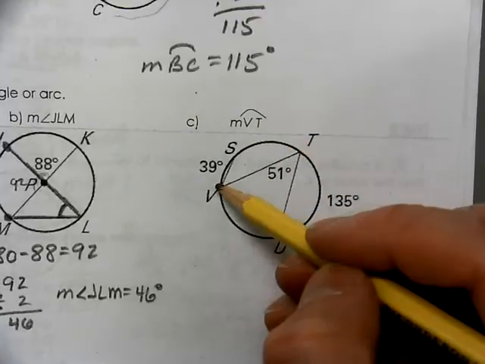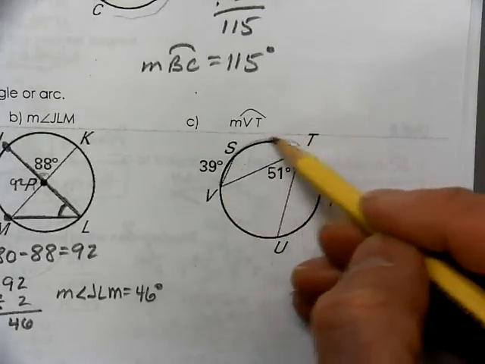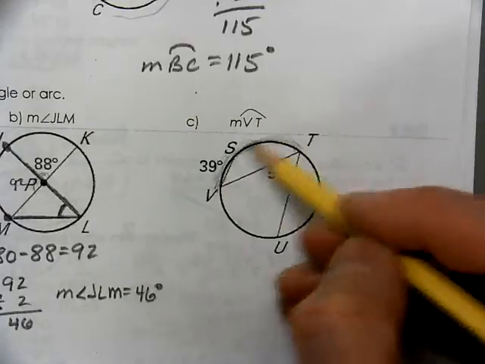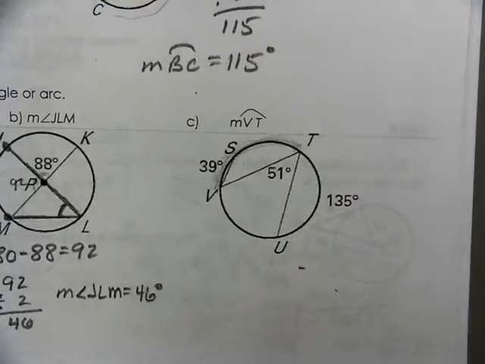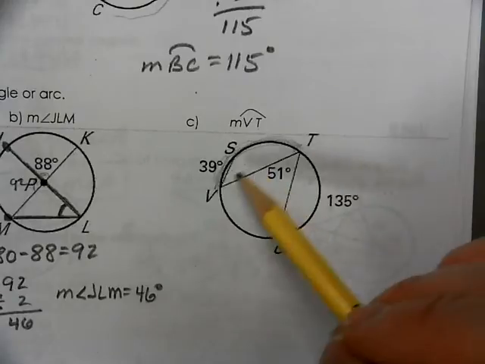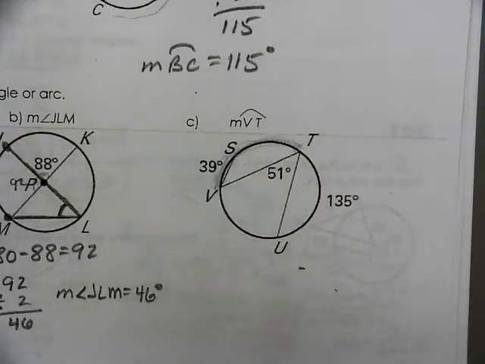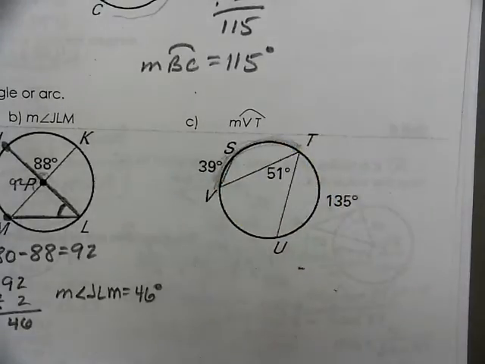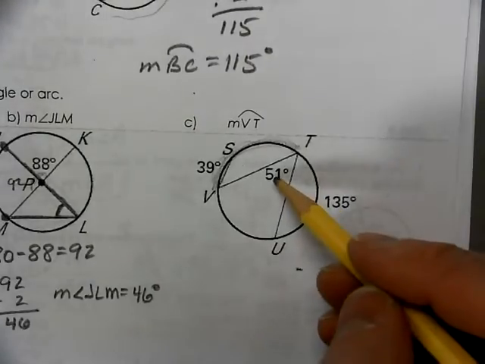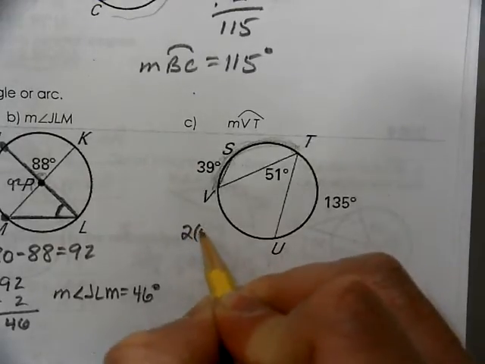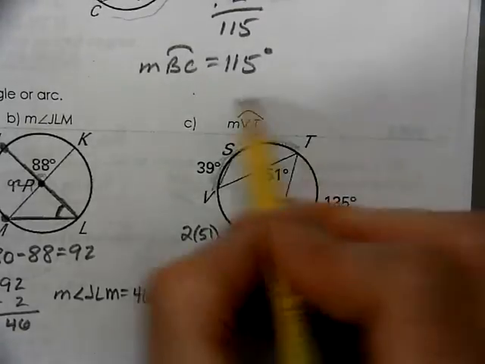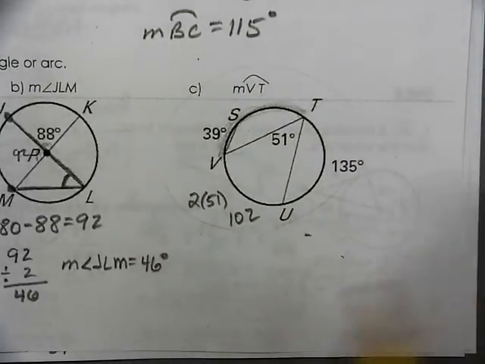Here we have the total angle measure of VT. 2 letters are used to indicate that it's less than 180 degrees. So I know I'm not going to go around the long way. I know I have to go the short way because it's only 2 letters. So looking at what we have here, this is 51. This is 2 times 51, which is 102. I know that the whole circle adds up to 360.